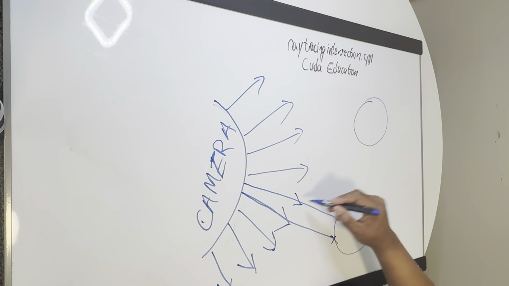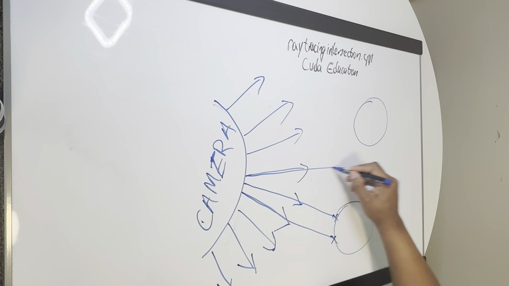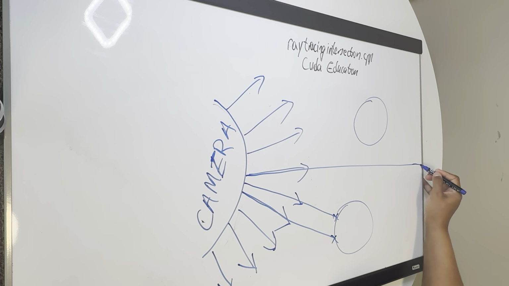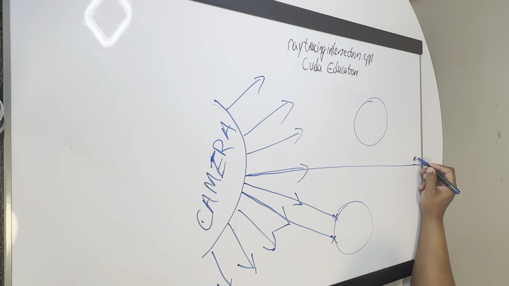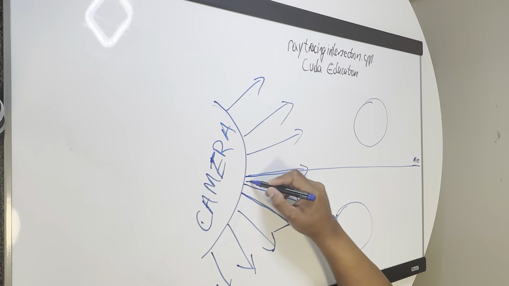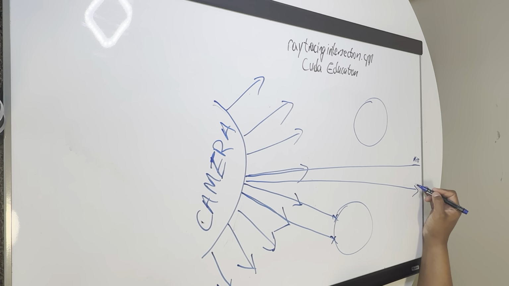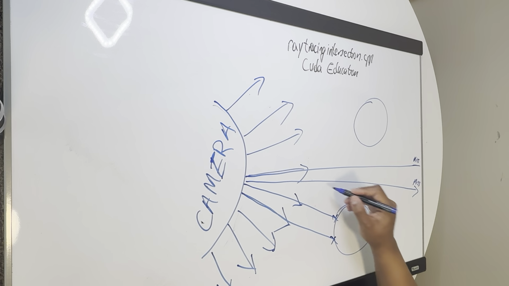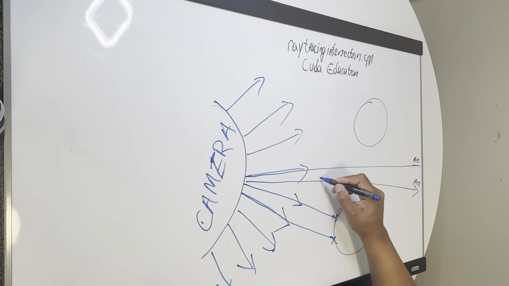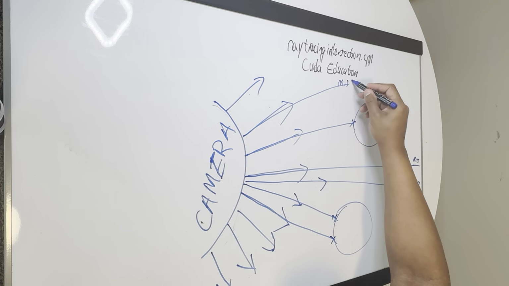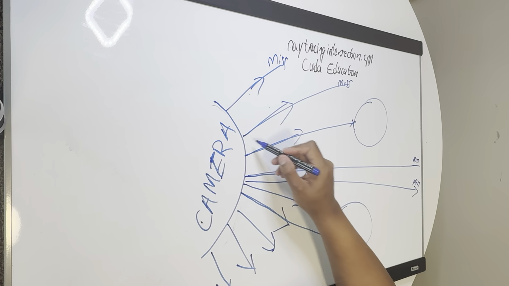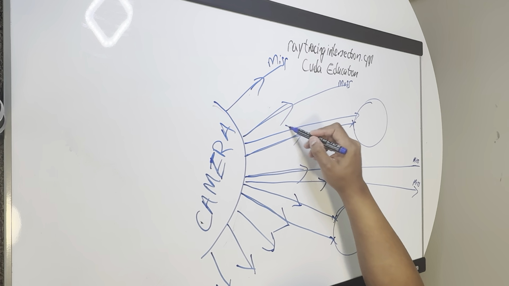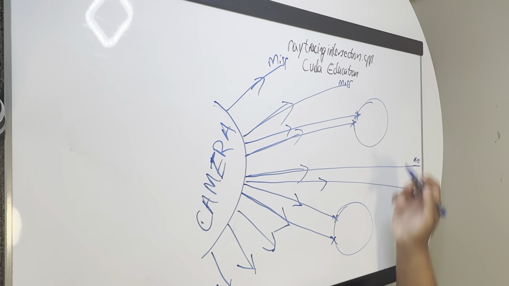Some of the rays hit, and some of the rays miss. So this is a miss, and this is a miss. But then some of them, as I said, hit.